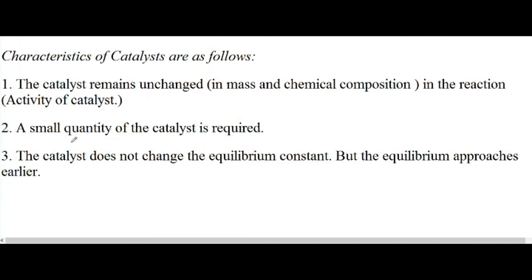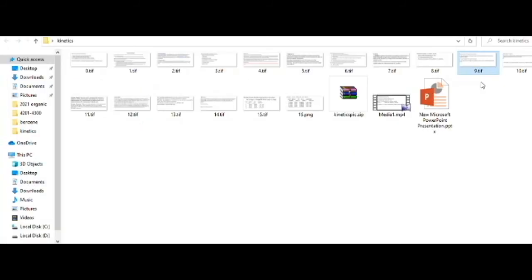Also, a small quantity of catalyst is required. And the catalyst does not change the equilibrium constant, but equilibrium is approached earlier. As explained in the equilibrium lesson, there is no change of Kp and Kc, but equilibrium is approached earlier within a limited time. Just keep that in mind.